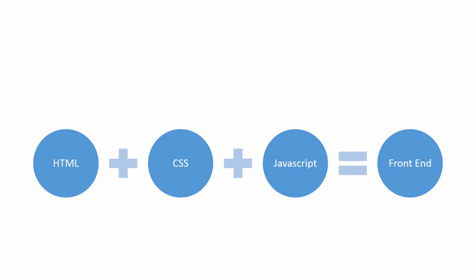HTML, whatever the version, either 4.1 or 5, CSS 2 or 3, and a JavaScript framework: all these combinations come in the front end. We'll see each and every topic involved in the front end in the upcoming videos.